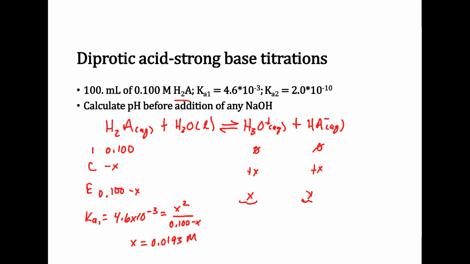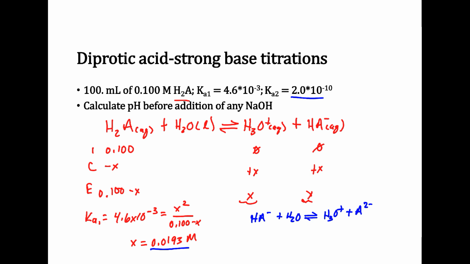When we solve for x, we find that x is equal to 0.0193 molar. I'm not going to set up the reaction for Ka2, where we would have HA minus plus H2O yielding H3O plus and A2 minus. The reason is that x here is on the order of 10 to the negative second, and for Ka2 it is 10 to the negative 10th.